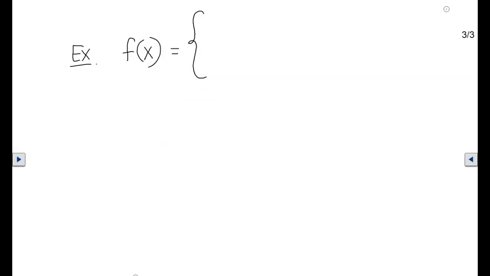And the purpose of that brace is that this function is going to have different rules for different parts of the domain. So it's going to be broken into pieces. So here are the pieces of this function. Here's the first rule. f of x is equal to negative 2 times x plus 1. Now that's pretty standard. We've been seeing things that look like that for a while now.